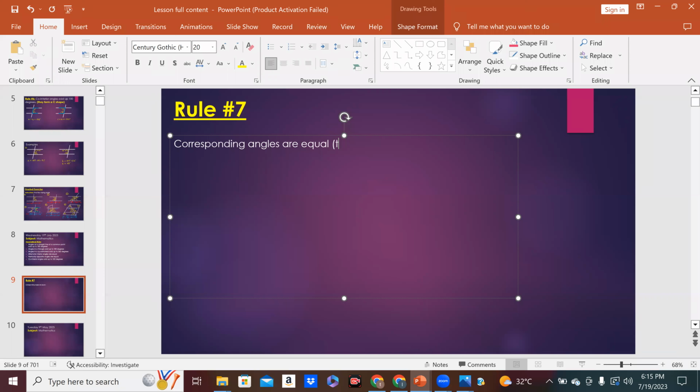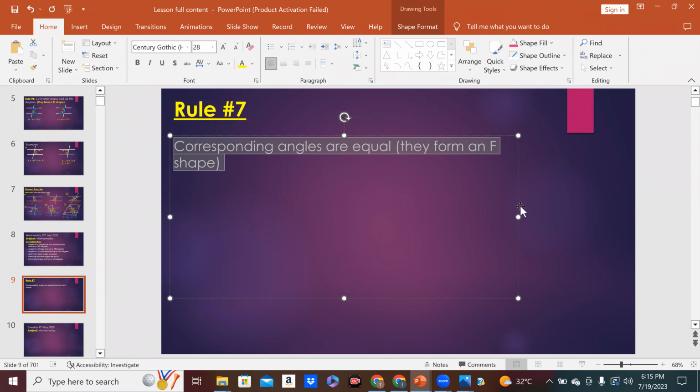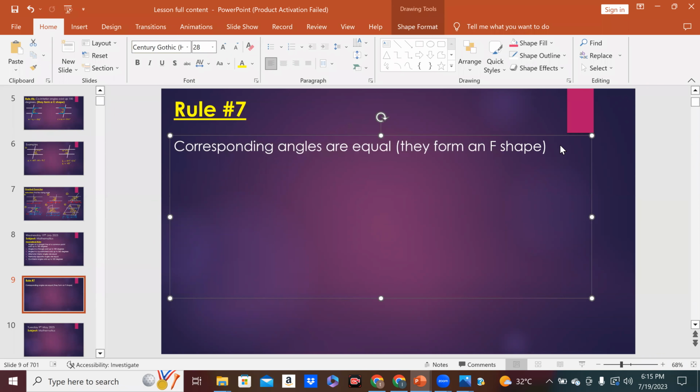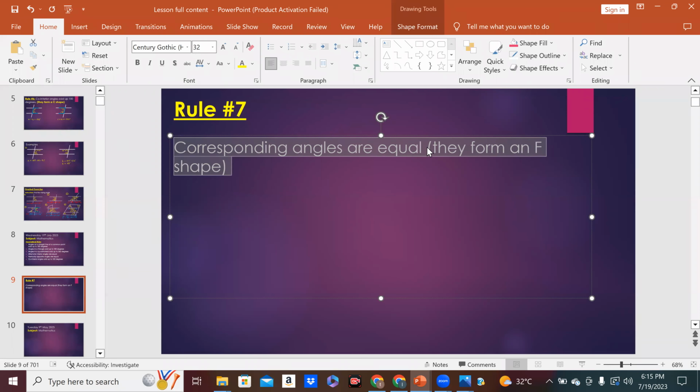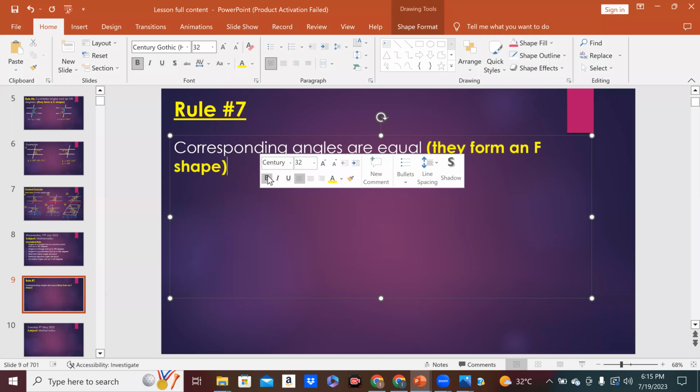And the hint is that they form an F shape. So corresponding angles are equal. They form an F-looking shape. That's rule number 7. It doesn't only have to be a forward-looking F, it could be a backward-looking F. Just keep that in mind.